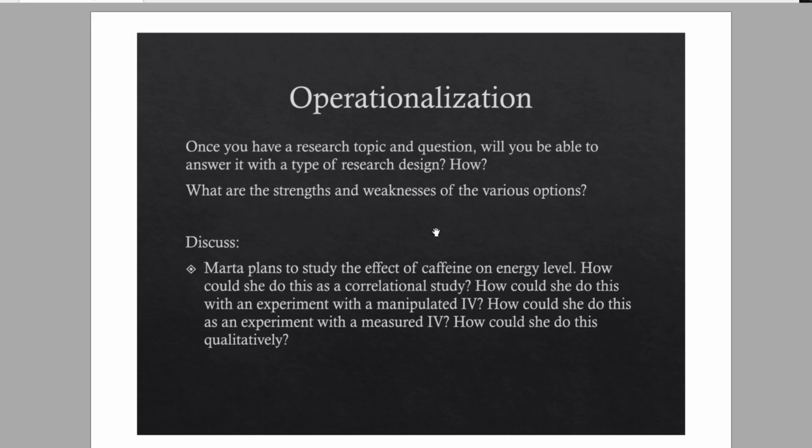How could you do this with an experiment with a measured, not manipulated, caffeine variable? You could ask people how much they drank that day and then ask them to perform some task. Or how could you do it qualitatively?